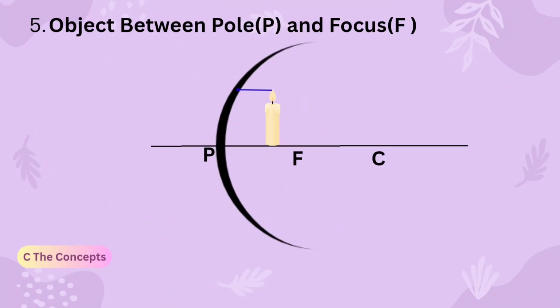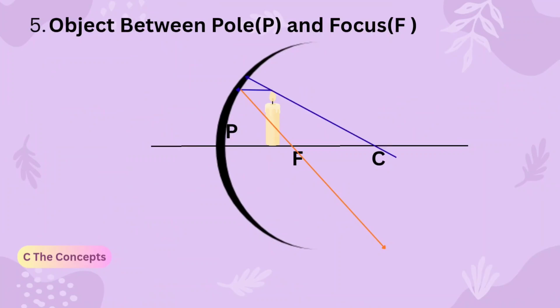The blue line over here indicates the incident ray. We know that the light ray which passes in parallel to the principal axis passes through focus after reflection. You can see here the orange ray indicating the reflected ray.